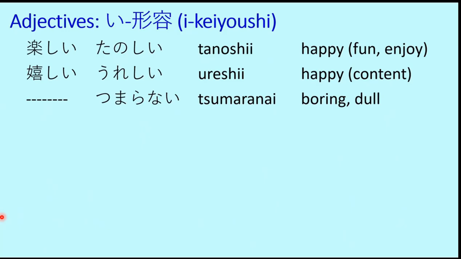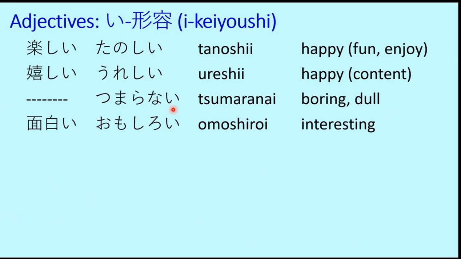Tsumaranai, it's boring or dull. There is no kanji character for this, it's just the Japanese hiragana. Tsumaranai, boring or dull. Omoshiroi is the opposite of tsumaranai, which is interesting. So it's simply the antonym of tsumaranai. We have kanashi, which means sad.